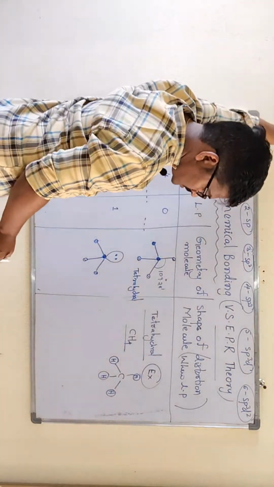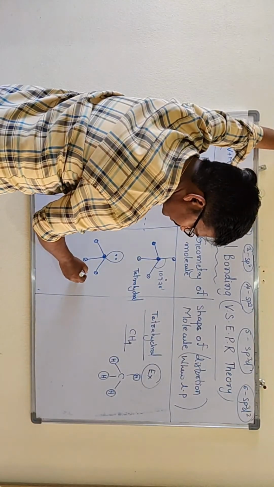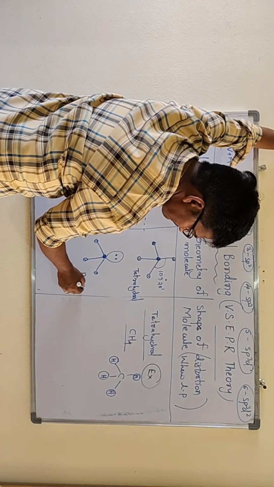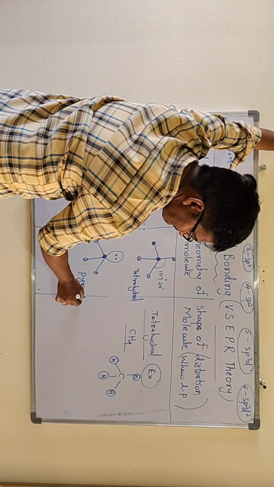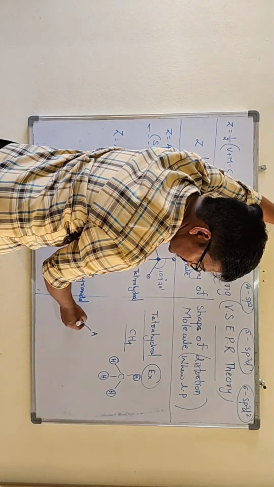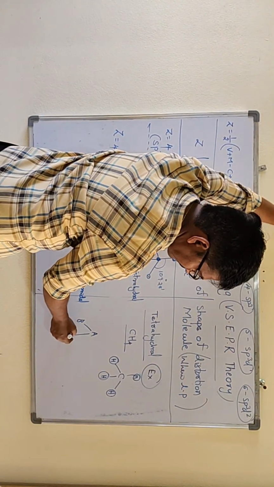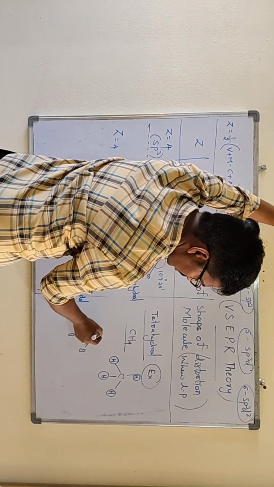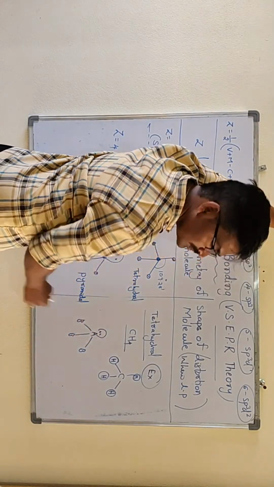So this we call pyramidal geometry. Take the central atom as A, and the surrounding atoms are B, with one lone pair present on it.